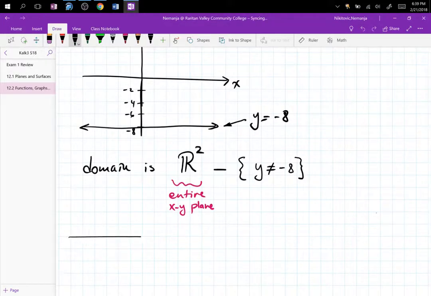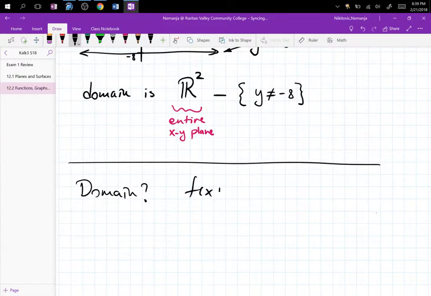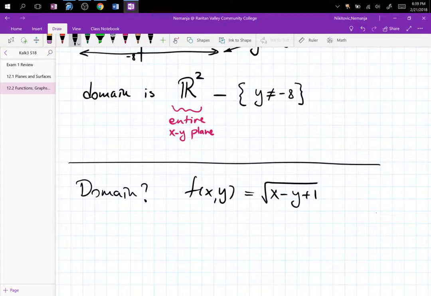Let's take a look at another example. Say you have your f of xy, again, that's z, equal to, say, the square root of x minus y plus 1. So you look at this. Well, what do we know about square roots? What is not allowed? Negatives, very good. 0 is cool, but negatives are not allowed.